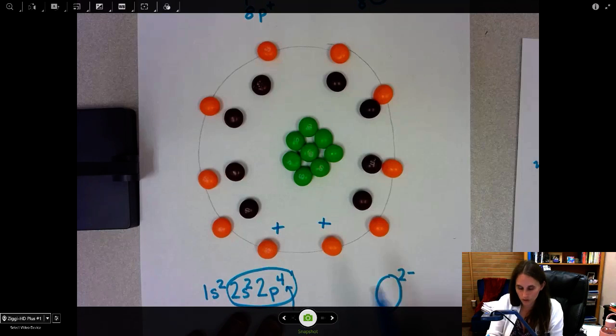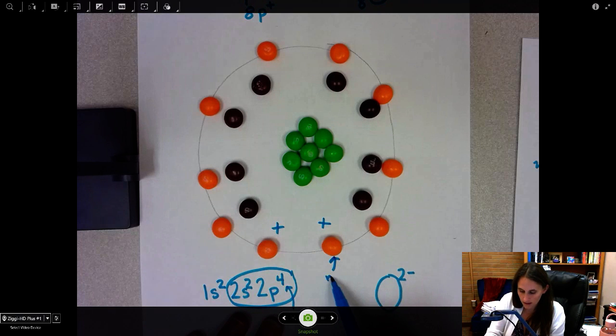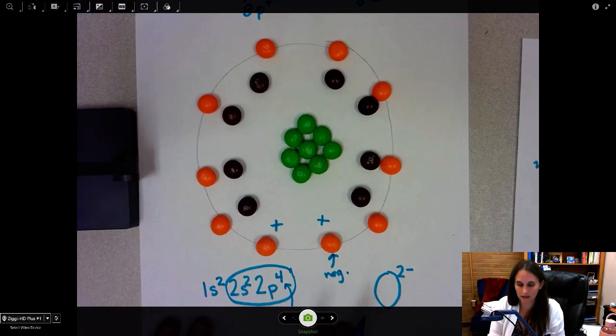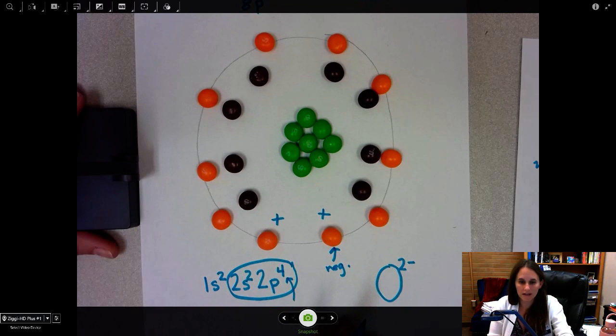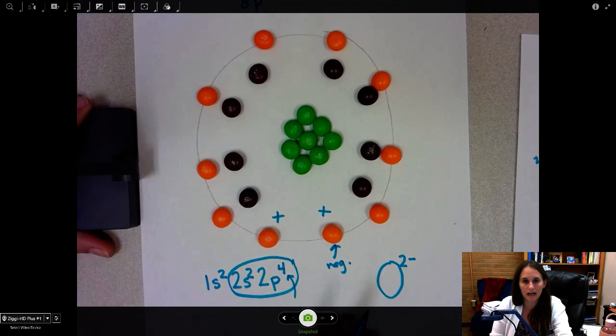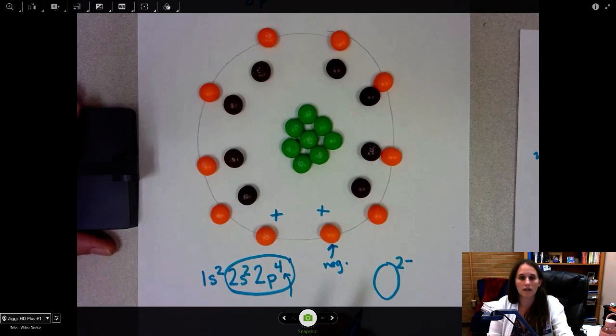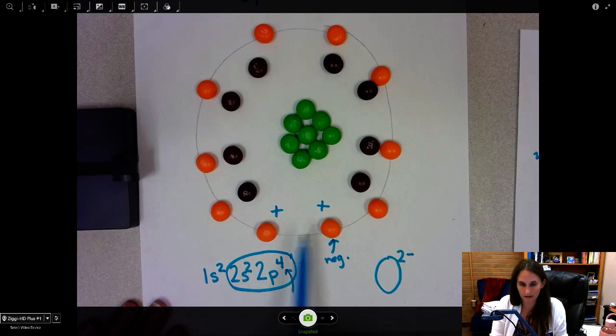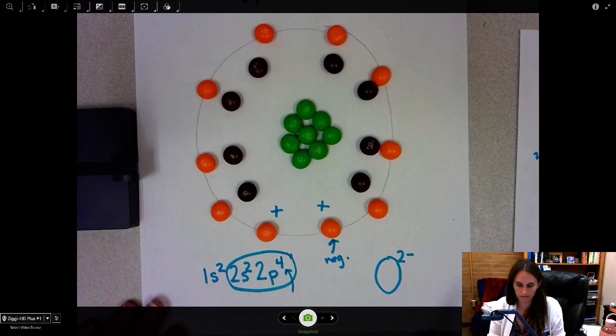So I have 2 negatively charged particles that aren't being canceled out because oxygen gained these. It gained these in order to have a full valence shell and be isoelectronic with neon, which makes it the most stable. Remember, elements and atoms tend to chemically react to be isoelectronic with their nearest noble gas. So because I have 2 particles that aren't canceled out, I am a particle with an overall -2 charge.